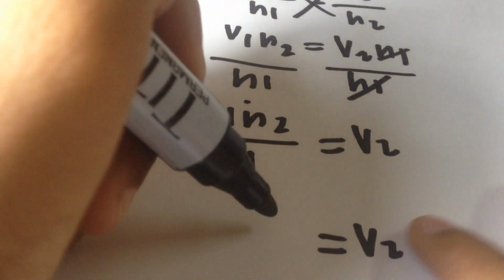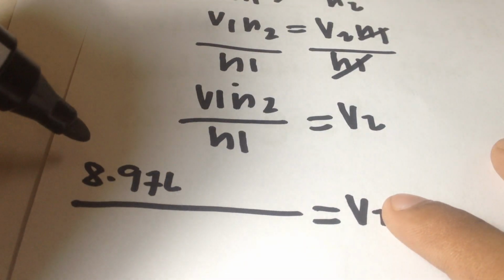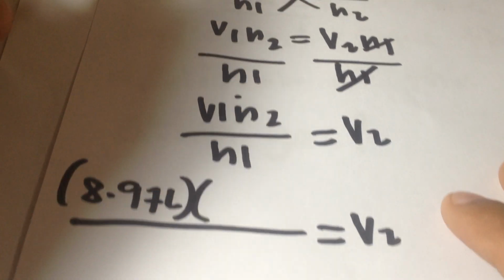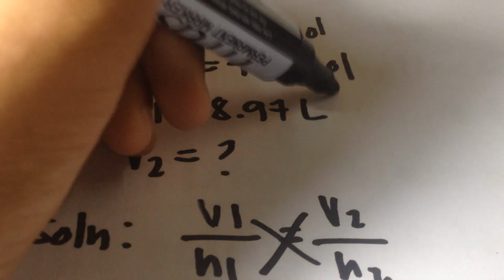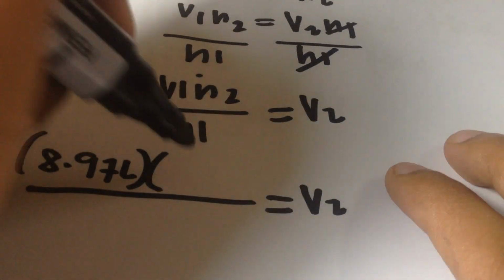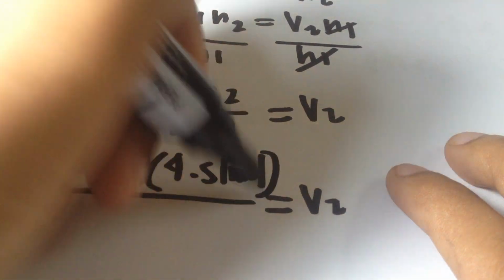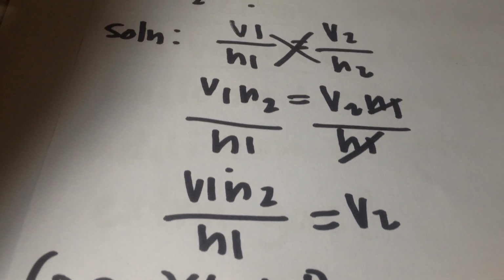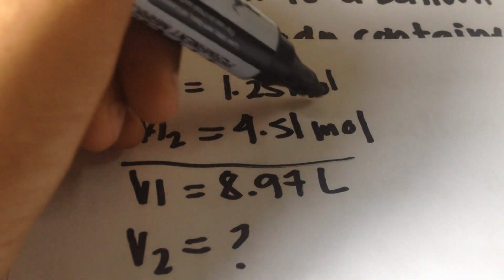So volume 2 equals V1, which is 8.97 liters, times the N2, which is 4.51 moles, and the N1, which is 1.25 moles here.